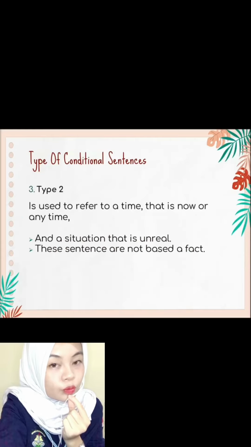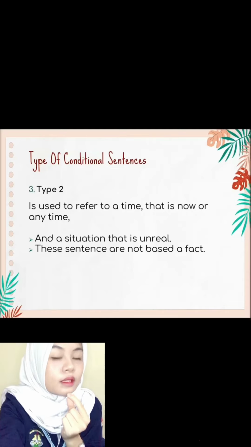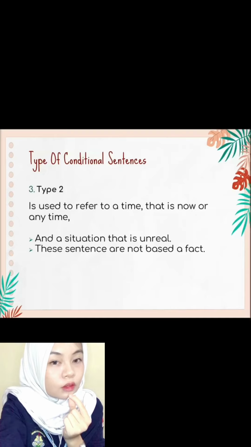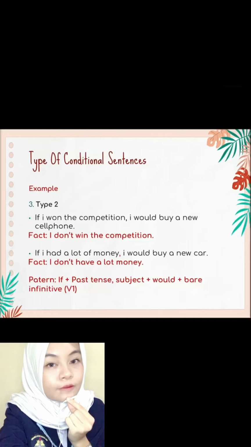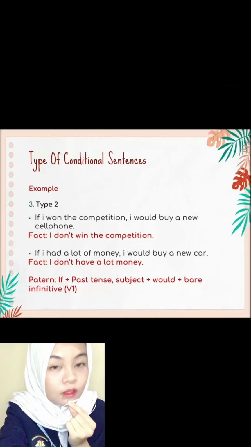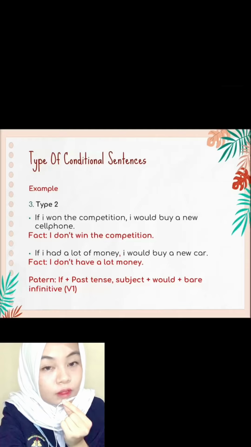Type 2 is used to refer to a time that is now or any time, and a situation that is unreal. The sentences are not based on fact. An example sentence is, if I won the competition, I would buy a new phone.